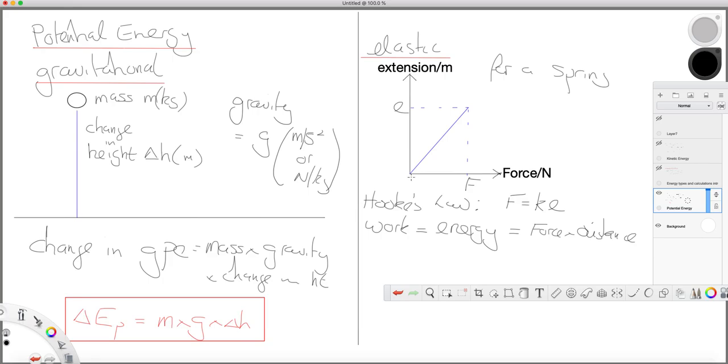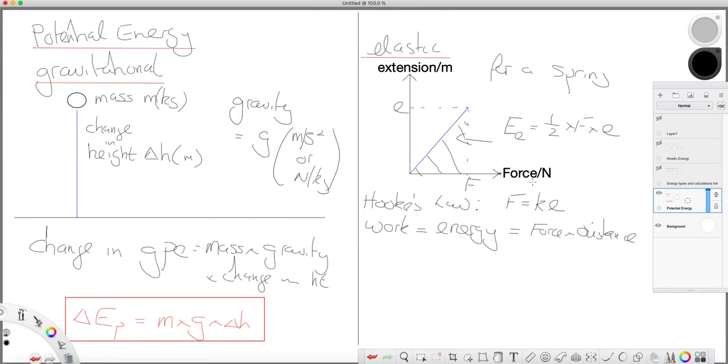But actually, the energy stored in the spring isn't the whole of this. It's just this bit. So it is the area of the triangle. So our elastic potential energy would be a half times the base times the height. So there we have an expression for the elastic potential energy.